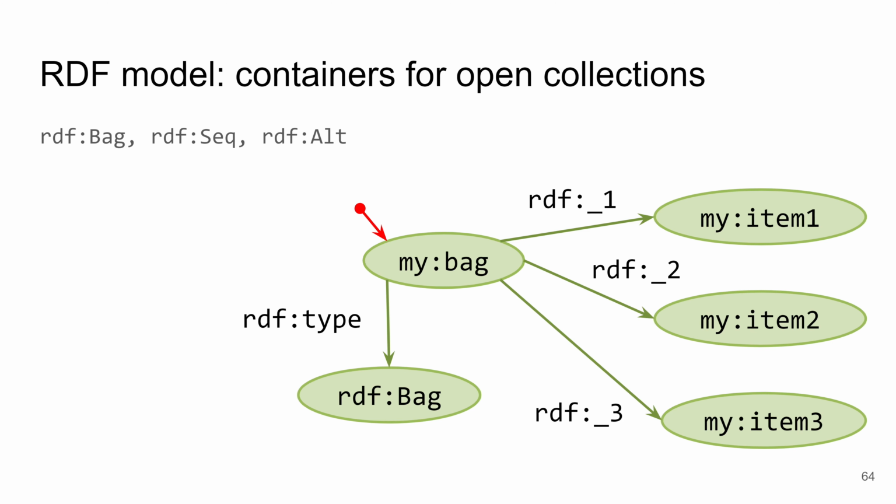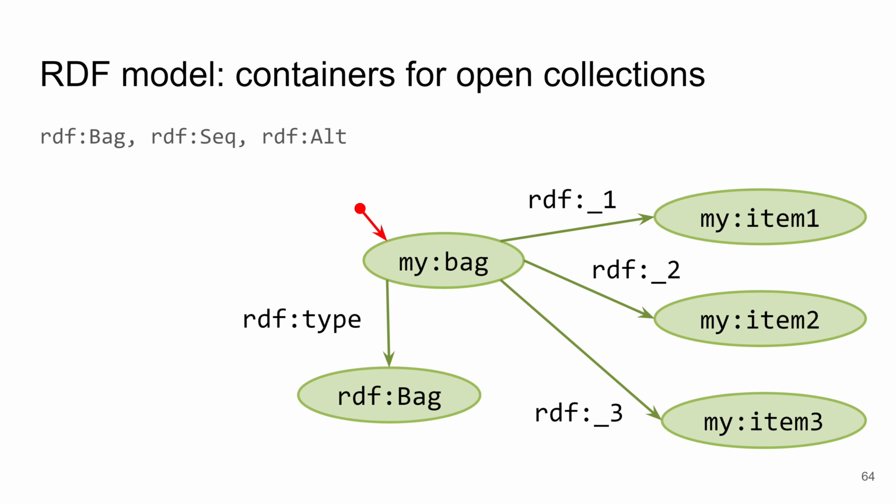So like this, you can add all the items into this collection. However, the exact interpretation of this collection is determined by the type of the collection. If it is a bag, then it's a set.